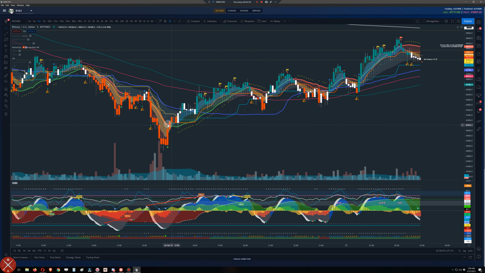So when you have a baseline reclaim, there are two things that you need to know about it. Let's say the baseline is running here and price is here. But let's assume that our baseline is here, and if we have a jump like this, it is not a valid baseline.